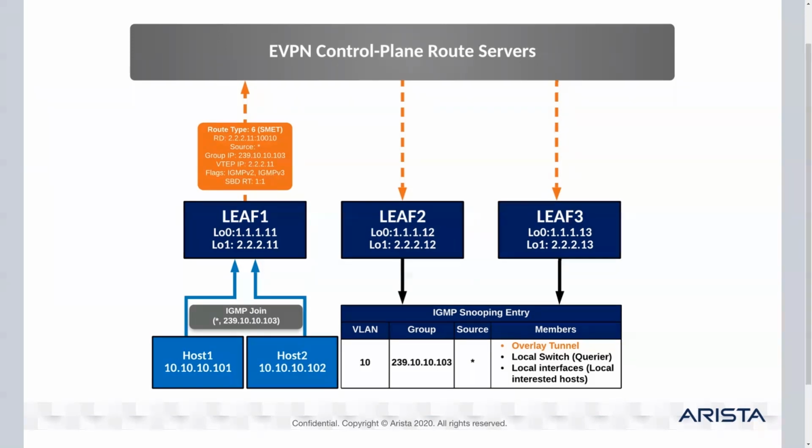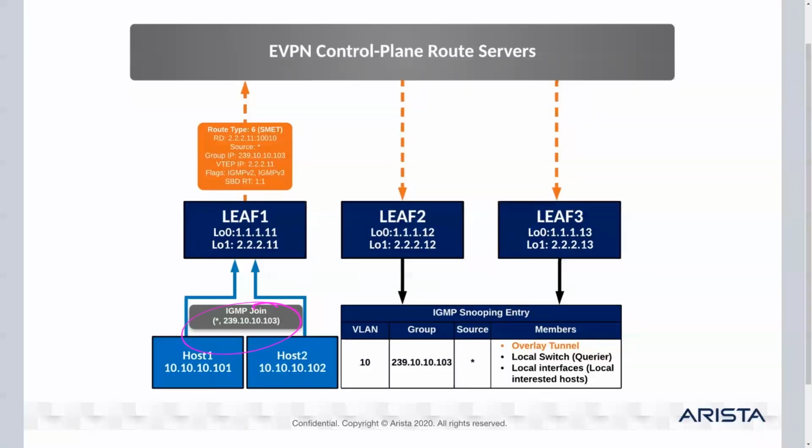So in this case, we have host 1 and host 2 both residing in VLAN 10. And they've sent IGMP joins, in this case, just star comma G IGMP joins, expressing interest in the 239.10.10.103 feed. Now, looking at leaf 1 here, instead of just flooding these IGMP joins across the entire EVPN domain, leaf 1 ends up suppressing them and instead sends out a single type 6 route into the EVPN control plane.